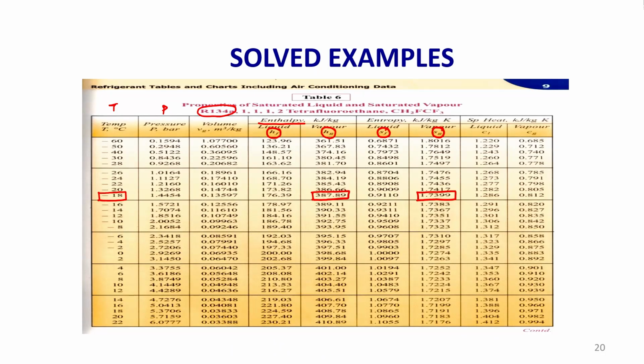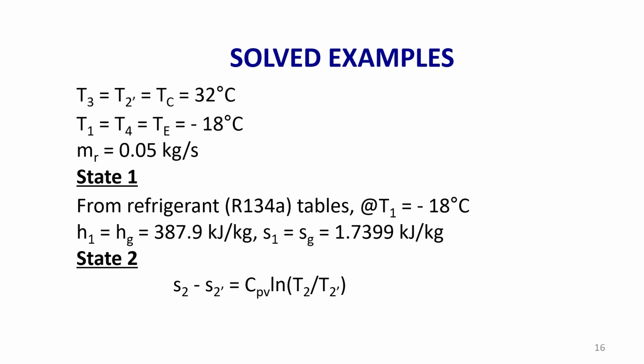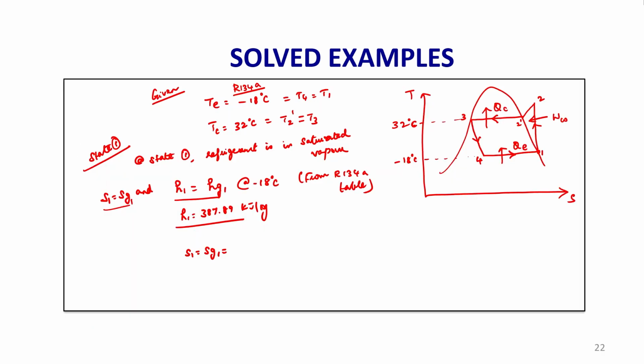So, we have to write Hg1 and Sg1. Sg1 is 1.7399 kilojoule per kg Kelvin, at minus 18 degrees centigrade from the R134A table.